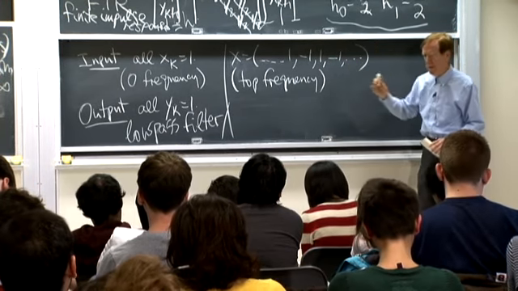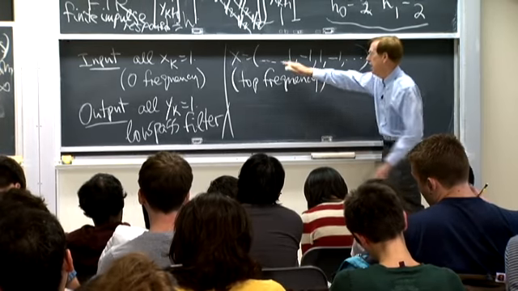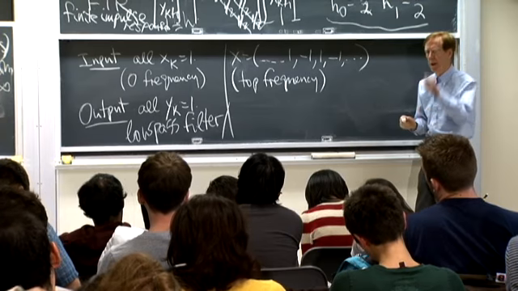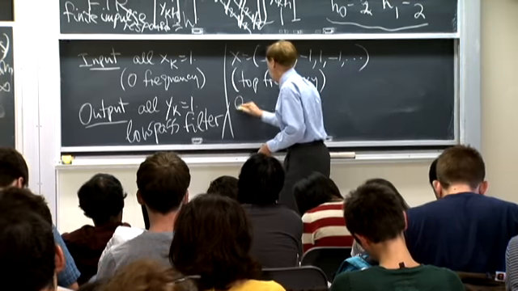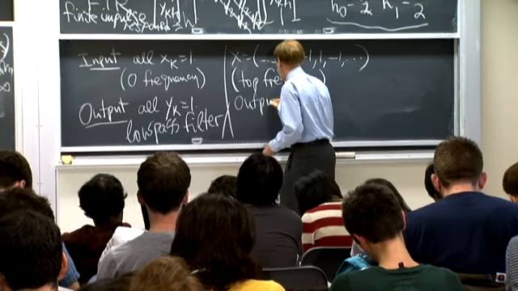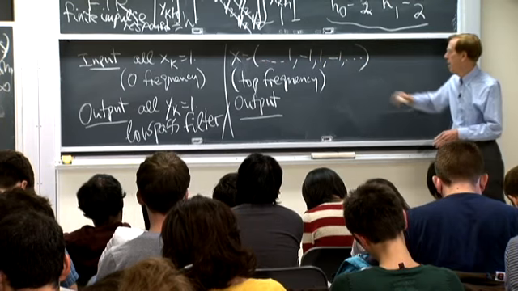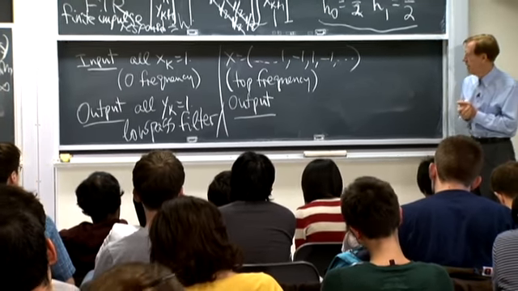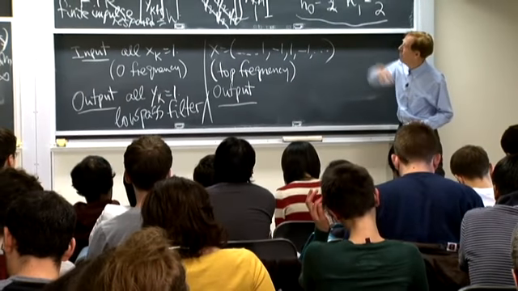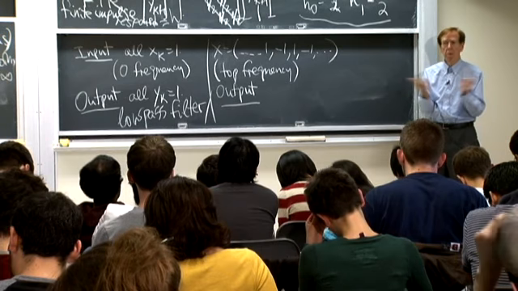Oscillating as fast as possible. I couldn't get a faster frequency of oscillation in a discrete signal than up, down, up, down. What's the output for that? What would be the output from my averaging filter for this input? 0.